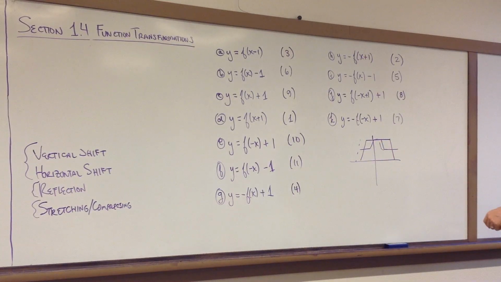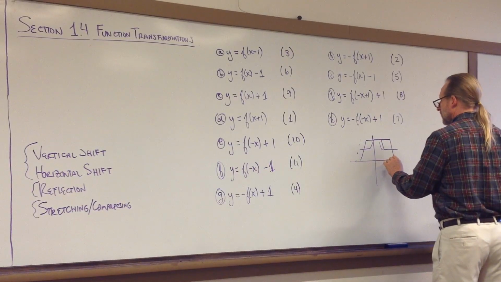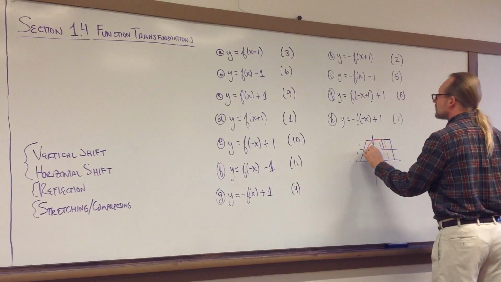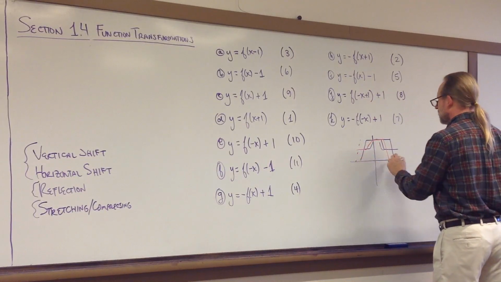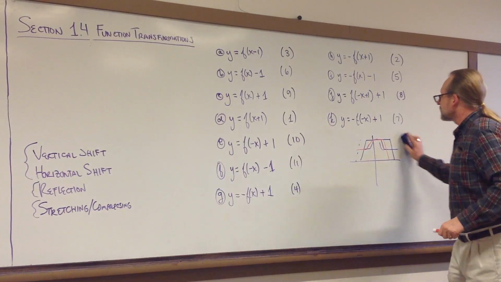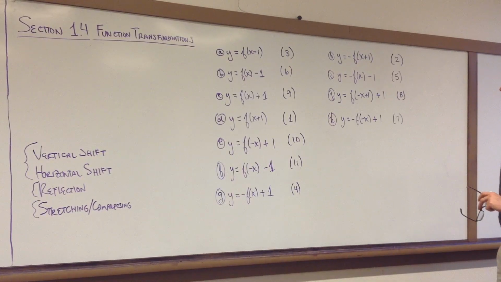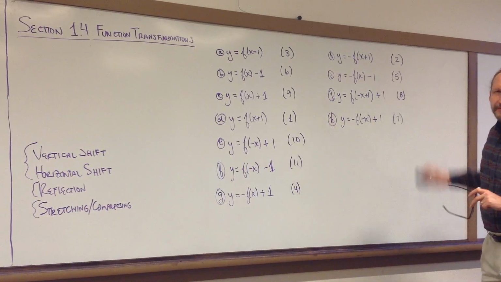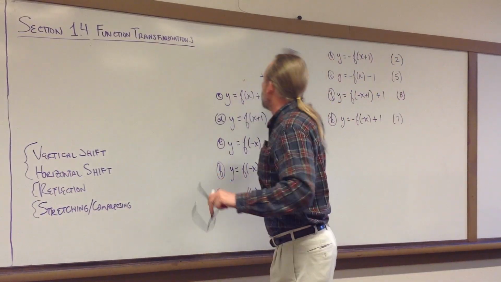And what if we reflect first? That would give you this. And then shift to the left. That would be different. Huh. This is a tricky one. We can spend a lot of time talking about this, and I have in the past. But I'm pretty confident that this matches up with problem 8. We can think about it some more.